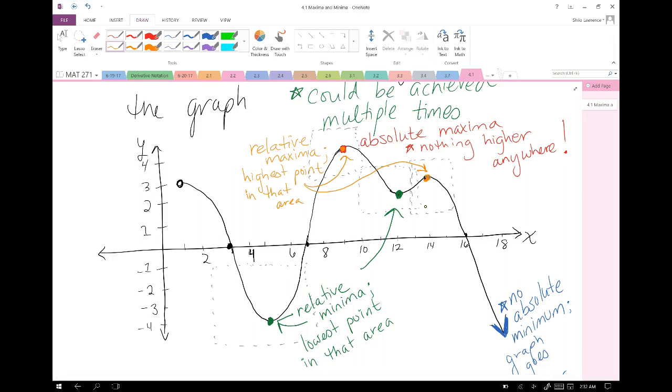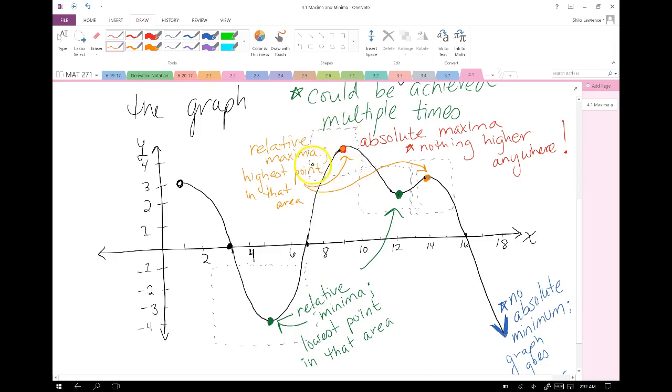So absolute maxima and minima are usually relating to the whole entire graph. Or if it's just on an interval, we want just the one highest point and the one lowest point. But relative minima, we can have lots of them, and they can be higher or lower than each other.